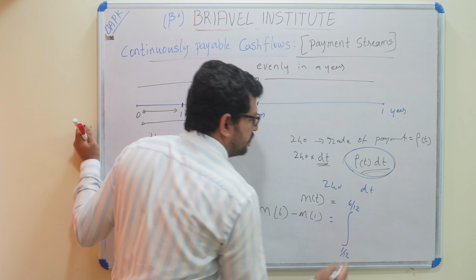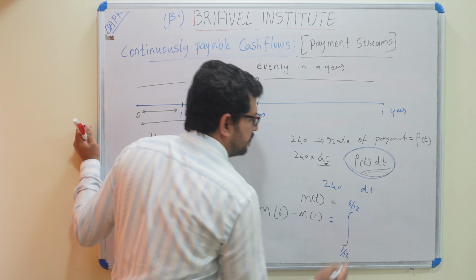We get the same here: one month's payment is 100, six months' payment is 600, so the payment in between is 500. So the total payment in a particular time period is calculated by integrating over that interval. Hope you understood how to find the total payment.